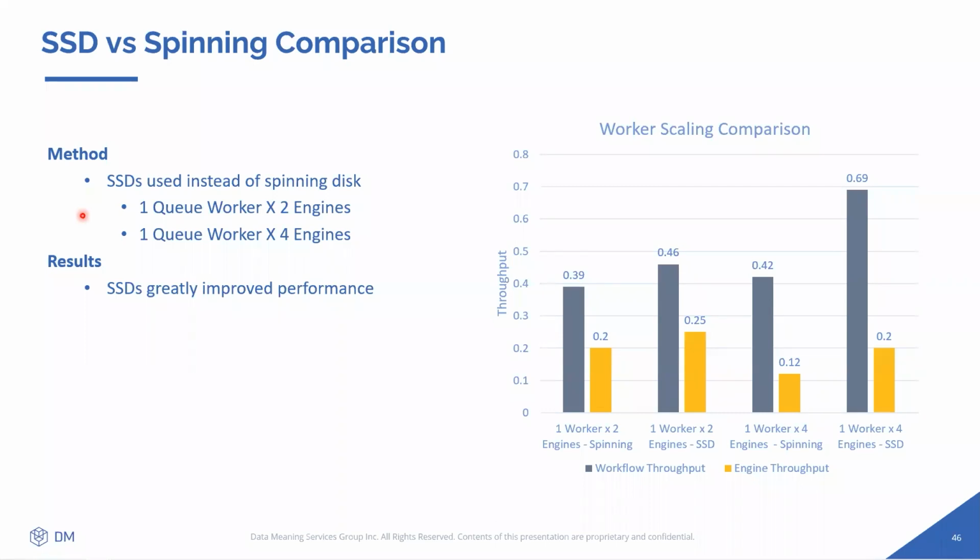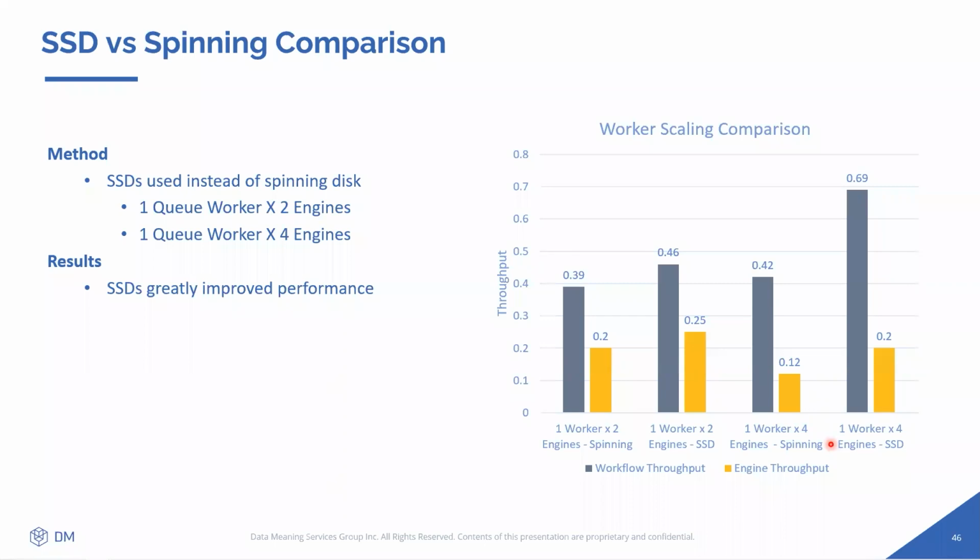So one thing that you always need to be aware of, see here, we are using 1 worker with 2 engines, the best practice, but we are also using here for an SSD environment 4 engines per worker. And as you can see here, if you have the whole environment on SSD, it's actually better for you to have 4 engines. So look how amazing this is.